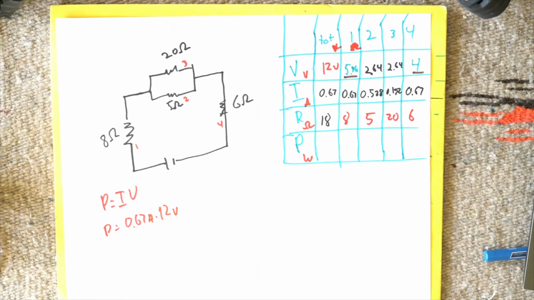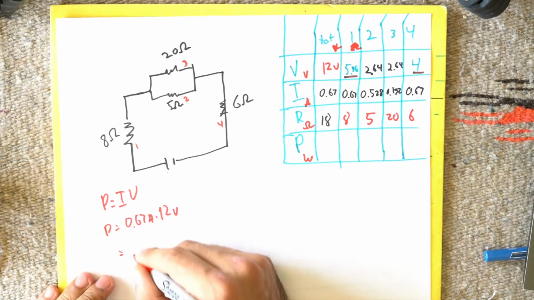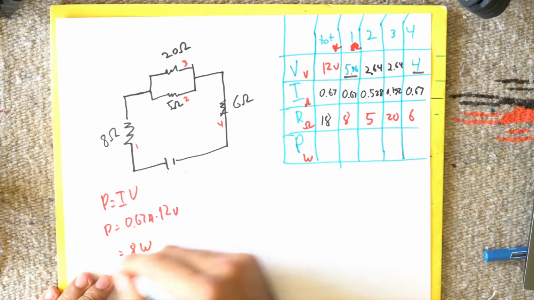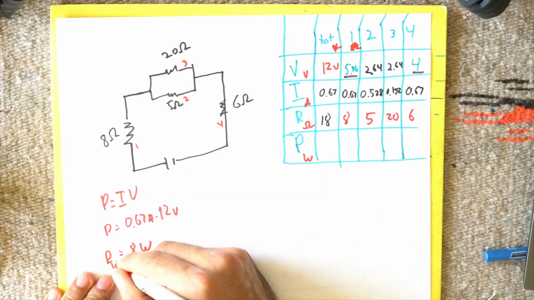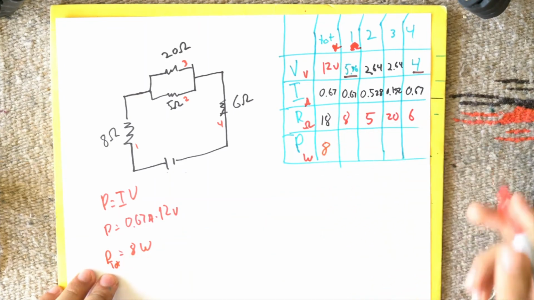Excuse me, 24, actually 24 over 3. What is that, guys? That is 6. Actually, that would be 8, of course. 8 watts. Now for the total. So that would be 8 watts. Let's do here.